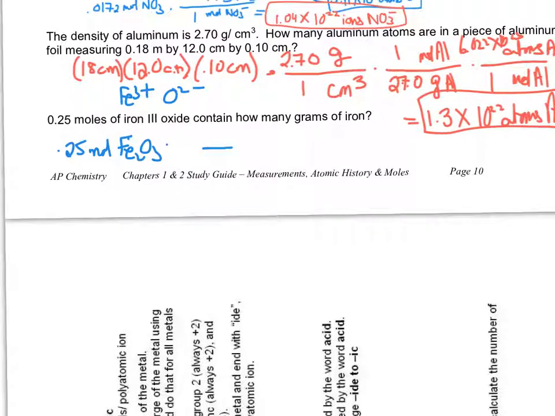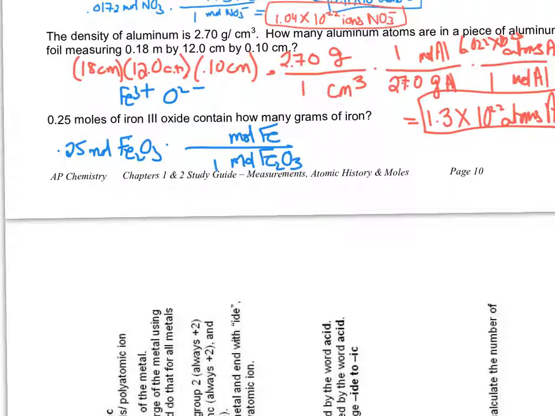On the bottom, I will put moles of Fe2O3. And I can't go directly to grams of iron. I have to go to moles of iron first.